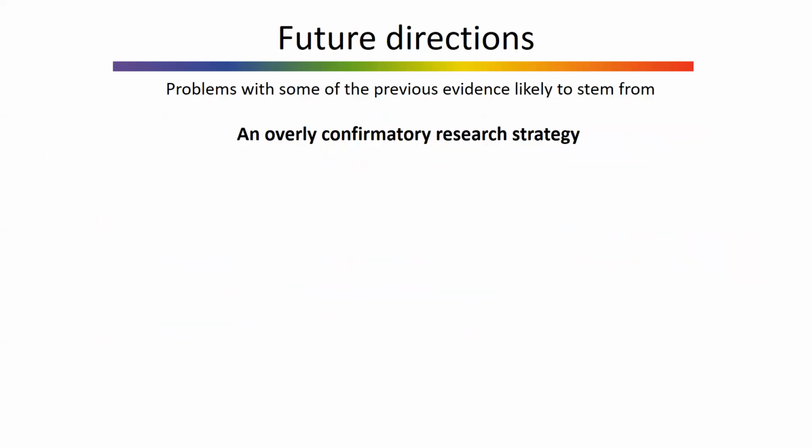So to bring all of this together, it seems to me now, having done these studies and having looked at the fantastic early work of Witzel and Gegenfurtner, without which I probably wouldn't have been able to do my own work, that some of the previous evidence that shows strong effects of cognition on color perception is likely to stem from an overly confirmatory research strategy.